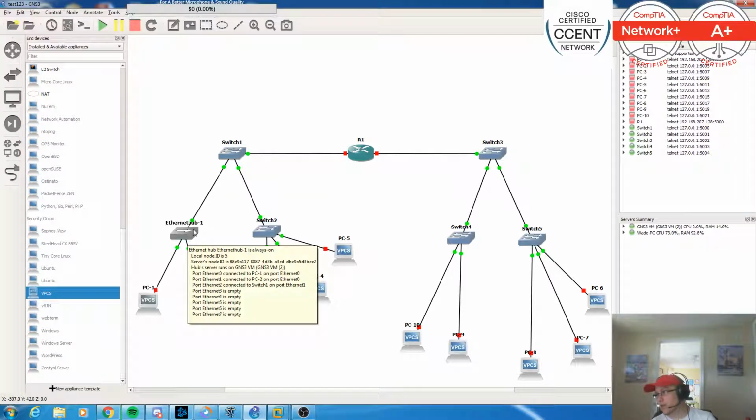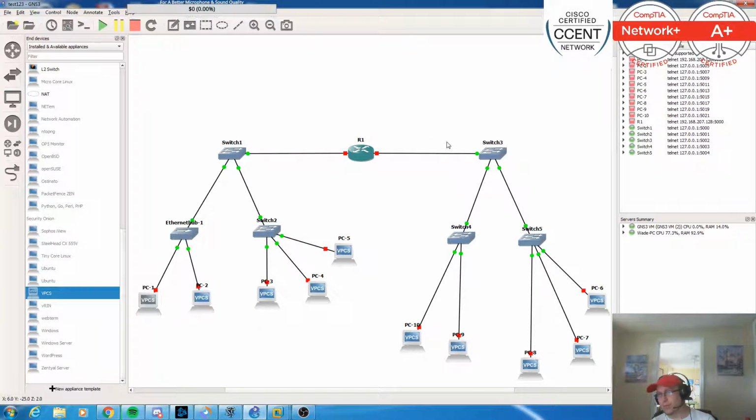I first always like to start from either right to left or left to right, however you want to do it, at the end of the chain of this topology. For this example, this switch down here at the end. So we have a hub. A hub is a collision domain all by itself. So all connections connected to the hub is one collision domain.